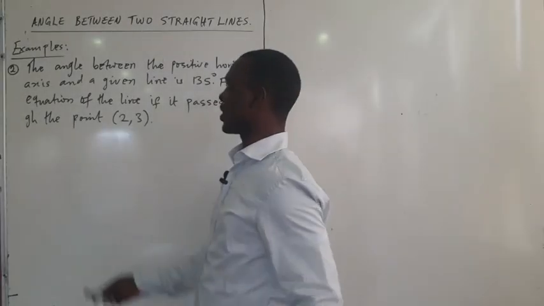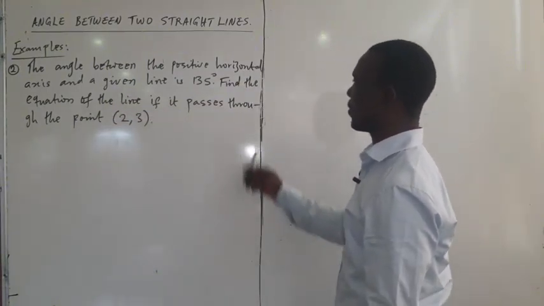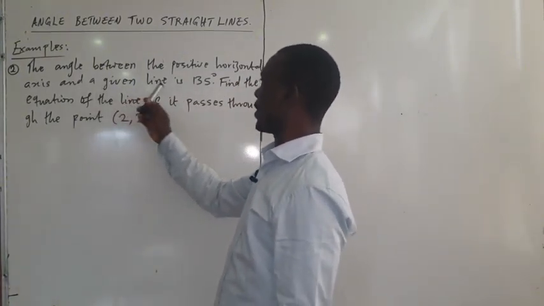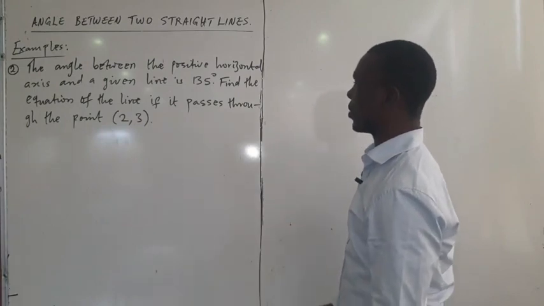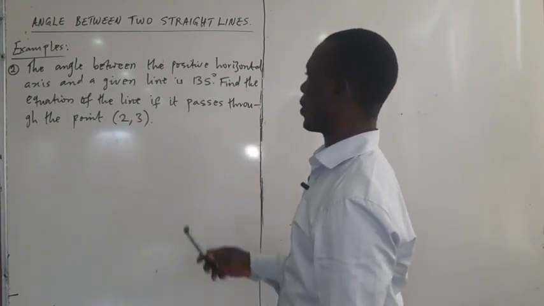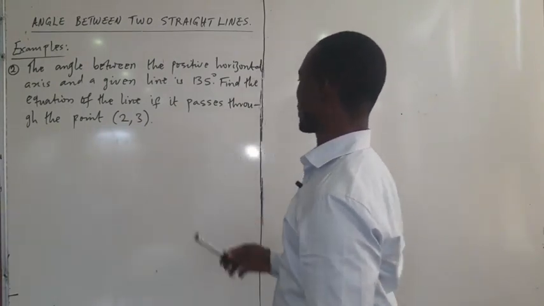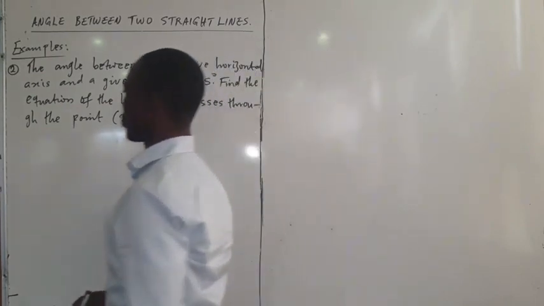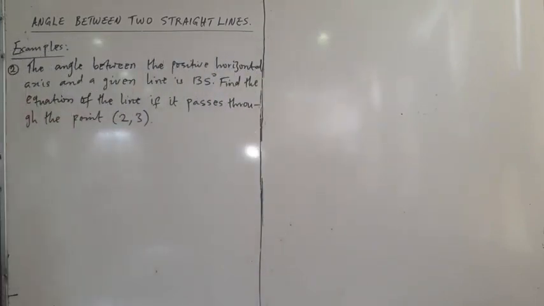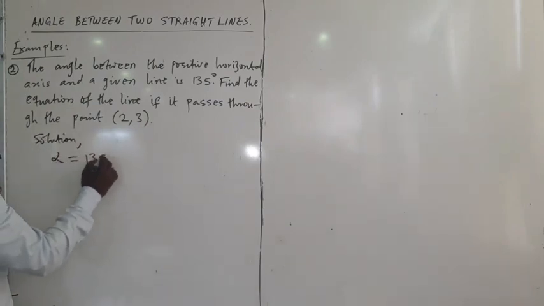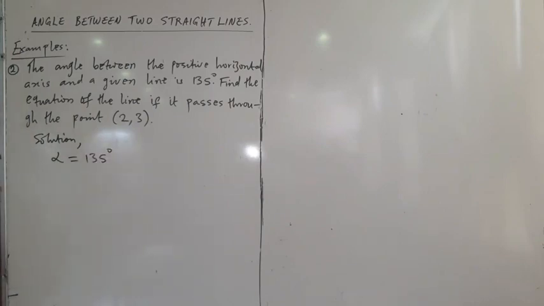Example 2 says the angle between the positive horizontal axis and the given line is 135 degrees. Find the equation of the line if it passes through the point (2, 3). Solution: alpha is given as 135 degrees, that is an obtuse angle.